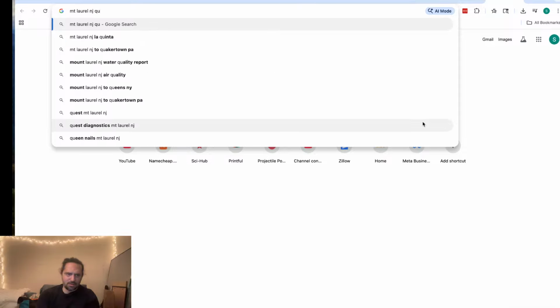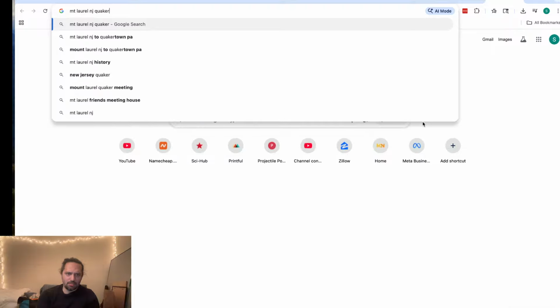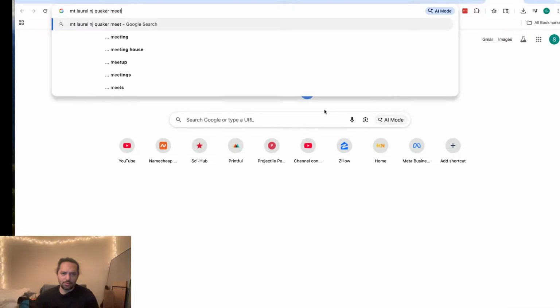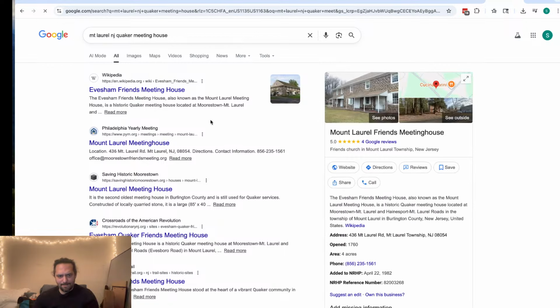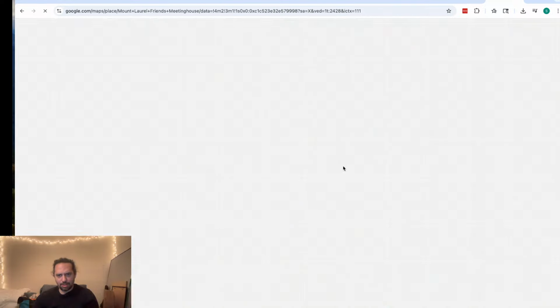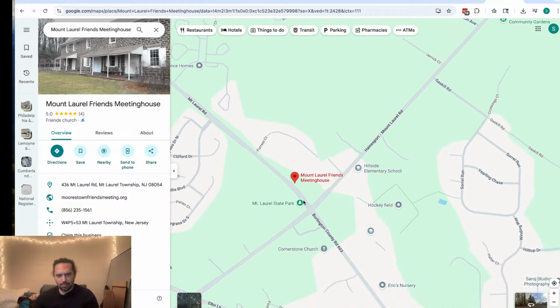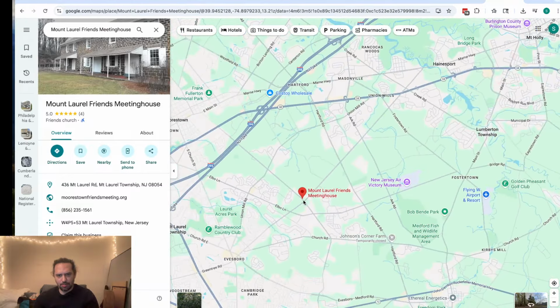Let's just take a quick look at the Quaker meeting house. Oh, the Evesham meeting house. Wait a second. No, Mount Laurel Friends meeting.